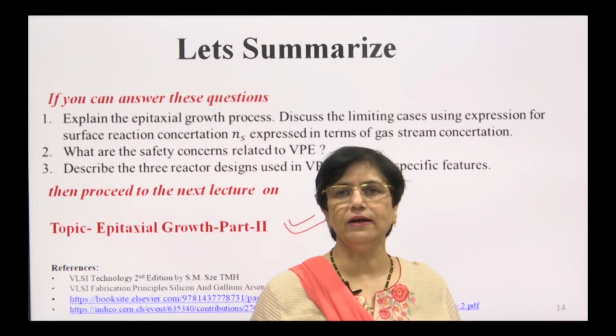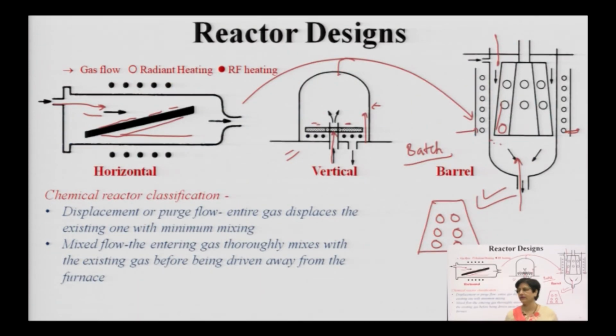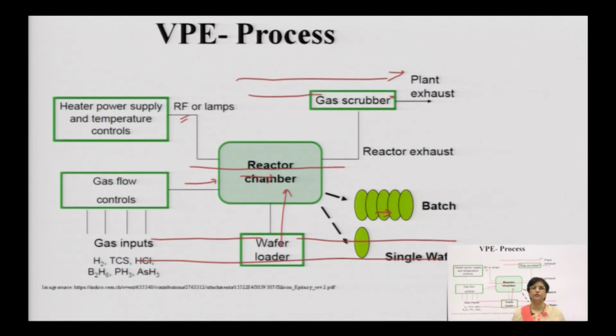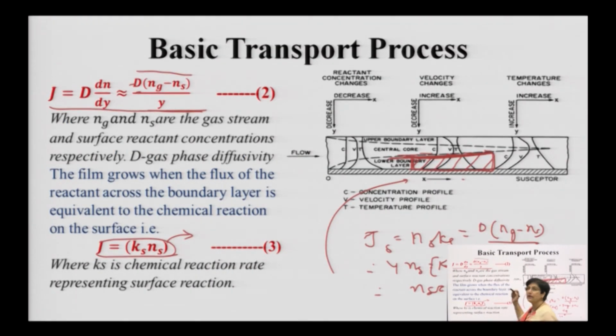So, before we end, let us give a recap of the design aspects and the relationship between NS and NG. This relationship between NS and NG is important, because it gives you the boundary conditions of the laminar flow which is happening within the furnace.